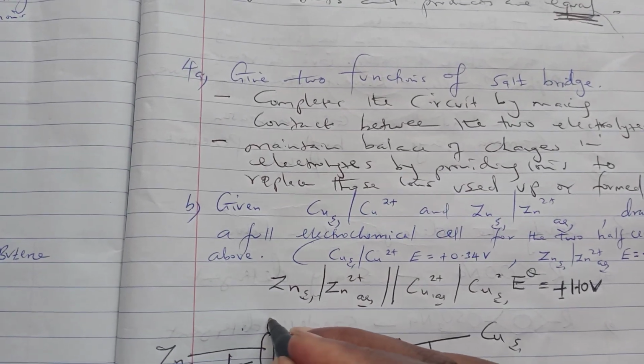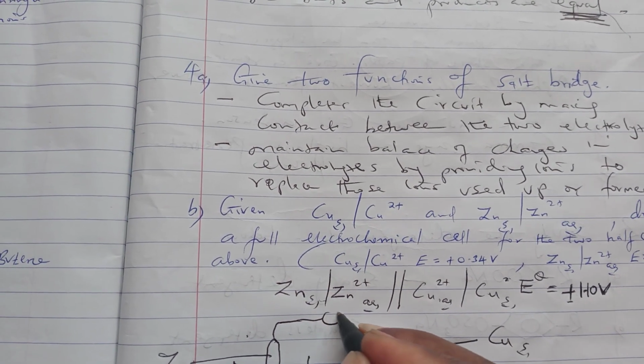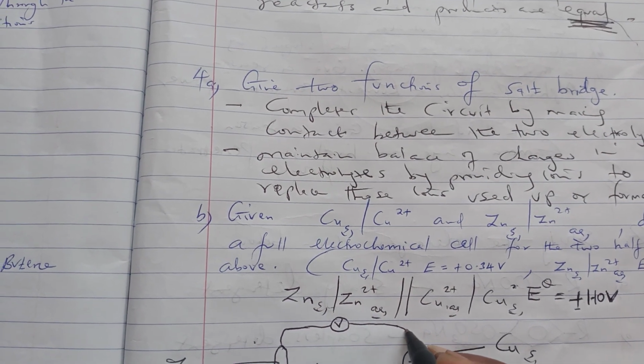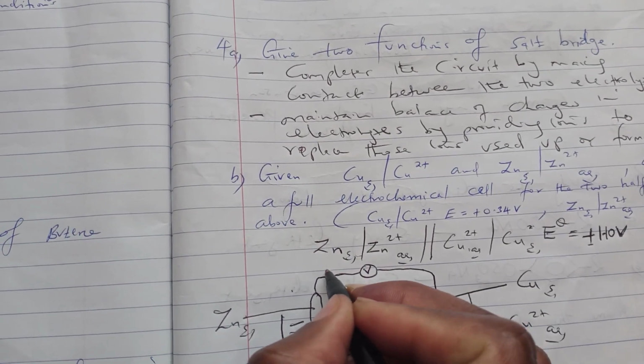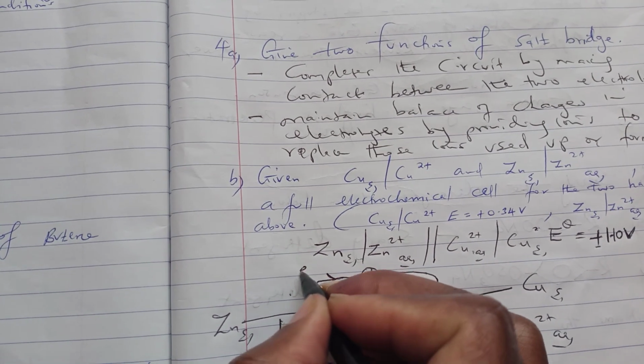Then the two electrodes are supposed to be connected by a metallic wire connected to a voltmeter. This one is the voltmeter and this one is the metallic wire, and then you put an arrow on the metallic wire, not outside, on the metallic wire. This shows what?